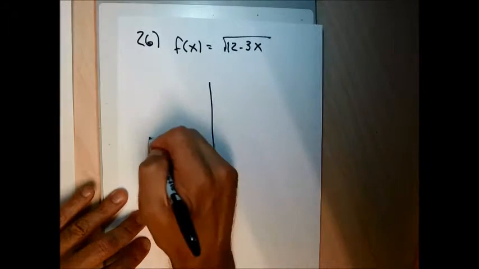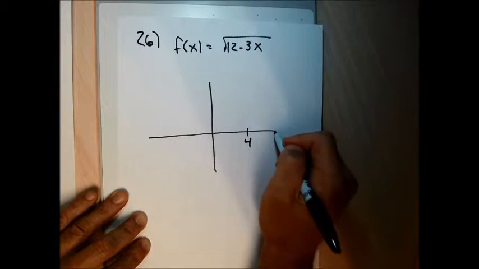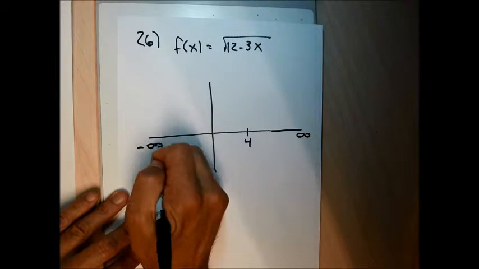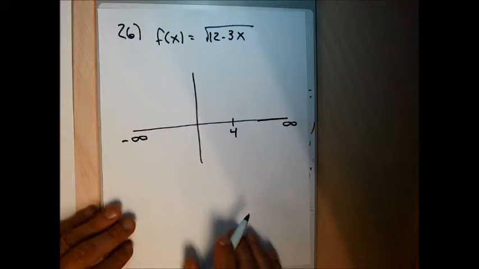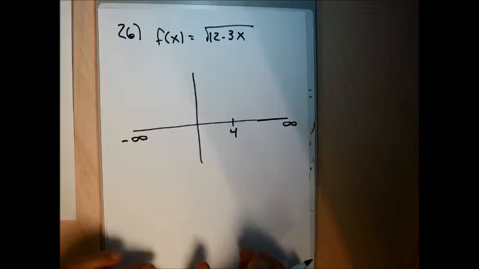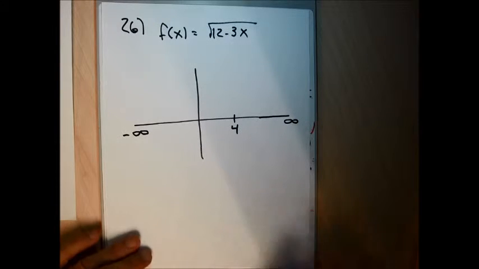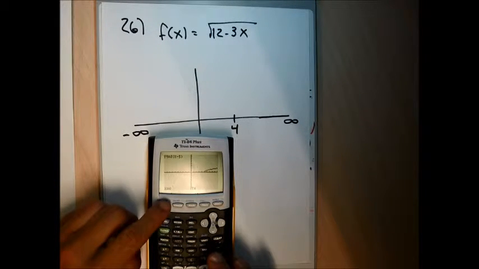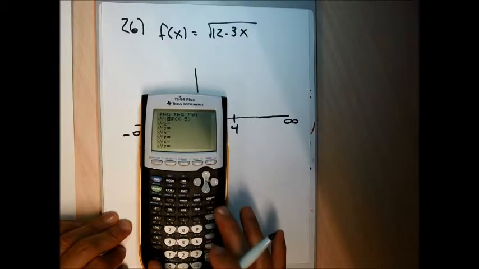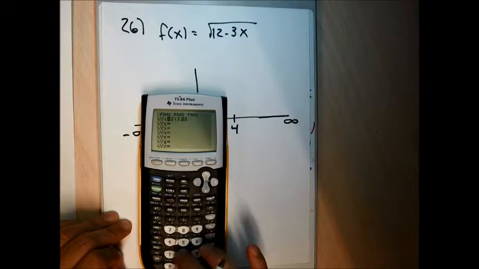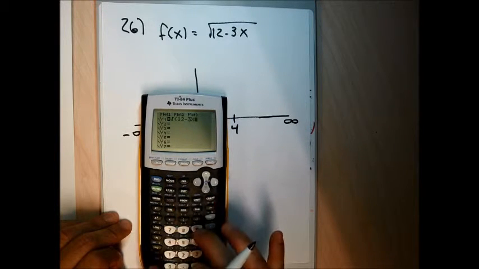It has a critical number of x equal to 4, and I'll pretend I don't know anything about the domain, but square roots have restricted domains. Usually you only get graphs on one side of the critical number. So let me go ahead and sketch a graph out and find out where this is increasing and decreasing. So I type my y equals, clear, second square root 12 minus 3x.